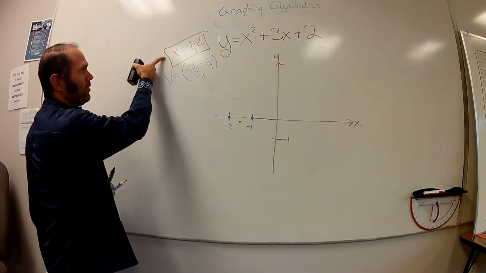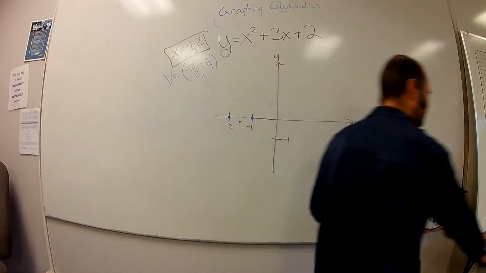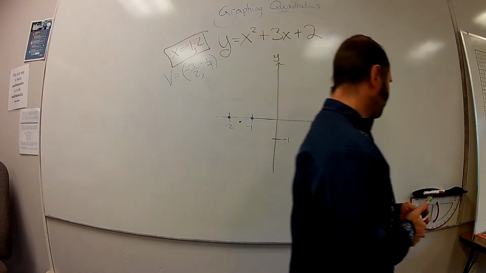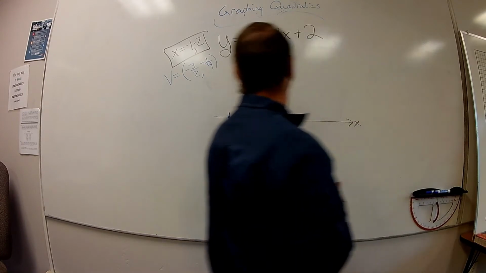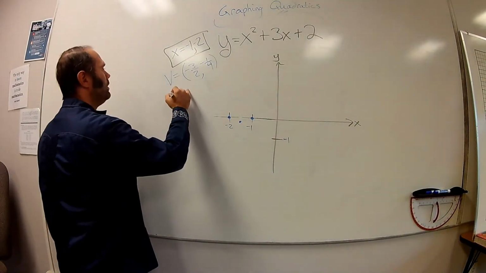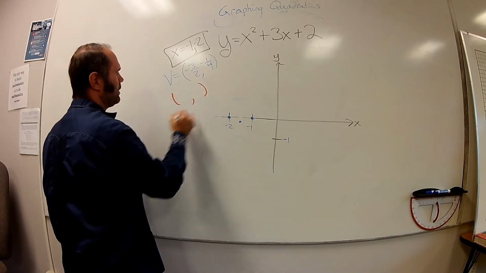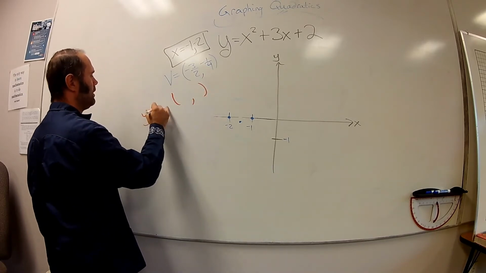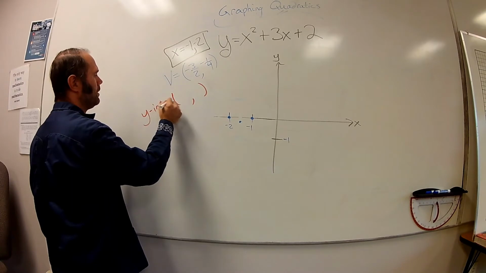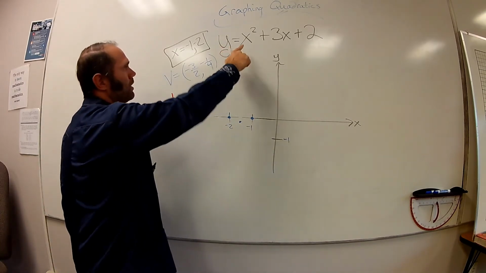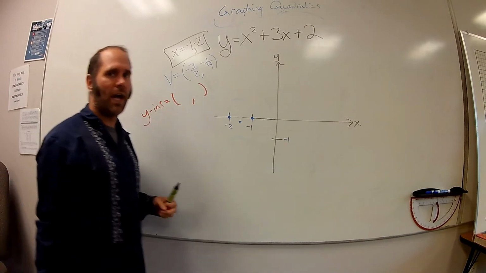Here are the x-intercepts. Let's go ahead and see if we can find the y-intercepts. I'm actually going to make it as a point. So this is the y-intercept. Okay? So for the y-intercept, we're going to plug 0 in for x. Okay?